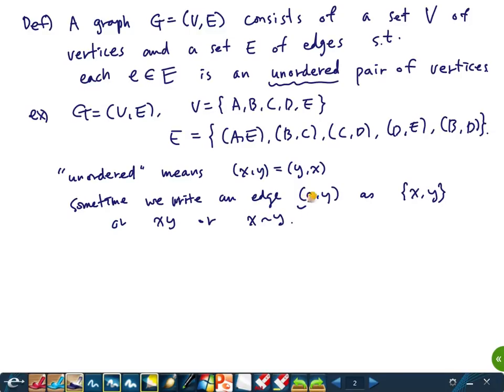But mainly we will use this because it's the way it is written in the textbook. But unordered means we don't really worry about the order, x comma y or y comma x. We don't care. But sometimes we want to consider the order as well, because sometimes the relation between A and B is not symmetrical, right?